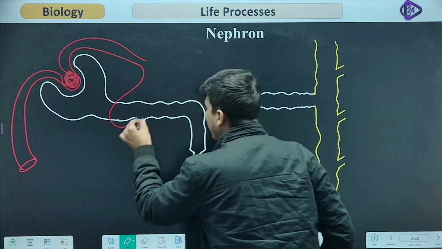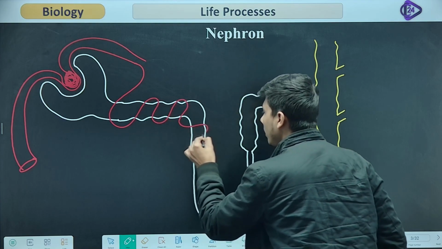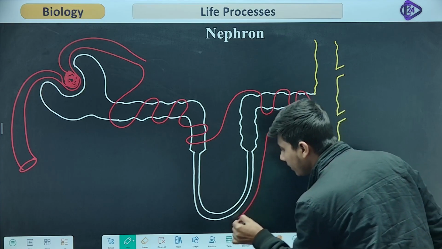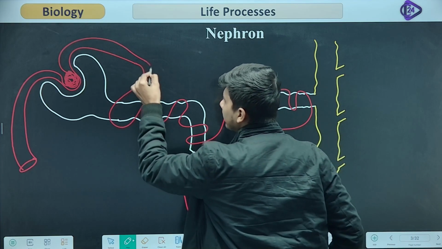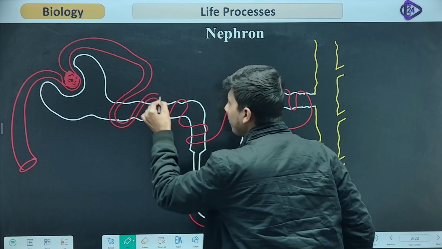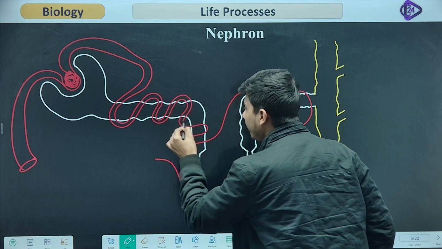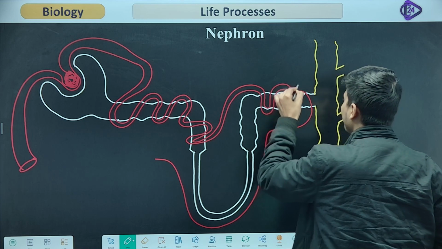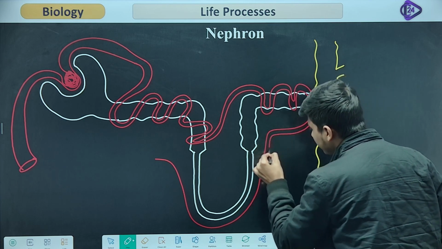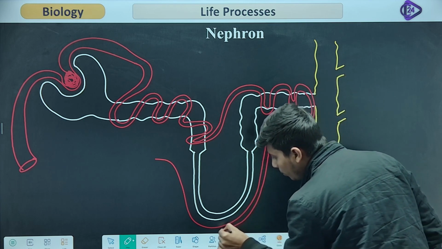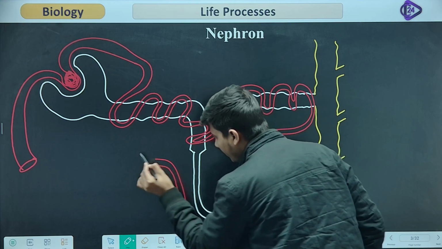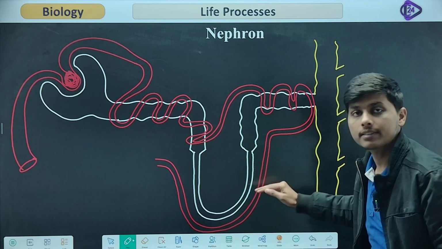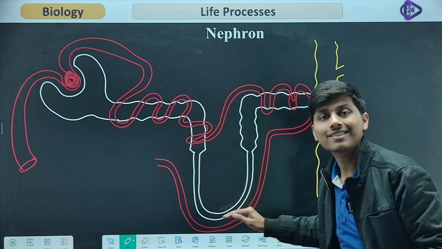It coils around the nephron, just like it folds around the tubular part of the nephron at the periphery of the nephron. That's why it is called peritubular capillaries, and it straightens around the loop of Henle. It becomes straight and U-shaped around the loop of Henle, and here its name changes and it is called vasa recta.